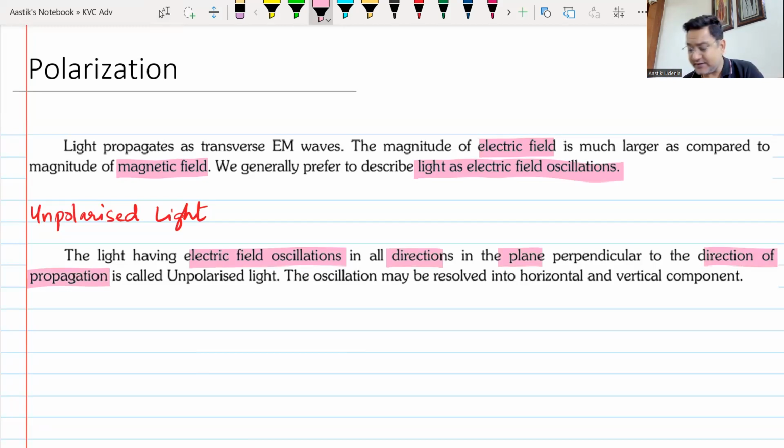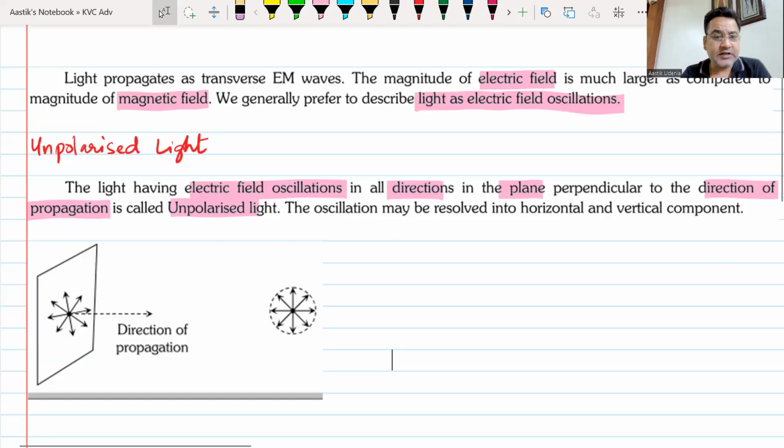If the electric field is in any random direction, that direction is definitely perpendicular to the direction of propagation. Such light is known as unpolarized light. So unpolarized light is nothing but light where the electric field may be in any orientation perpendicular to the direction of propagation of the wave.